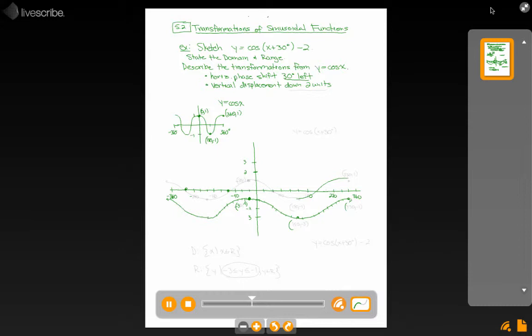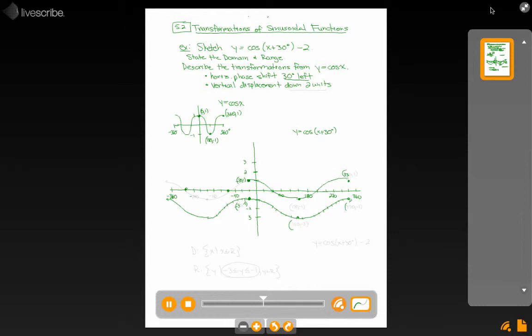So let's start off just by sketching y equals cos of x plus 30 degrees. Just translate to the left 30 degrees. The first point that I graphed, 0, 1, is now going to be negative 30, 1. The next point at 180, negative 1 will now be at 150, negative 1.